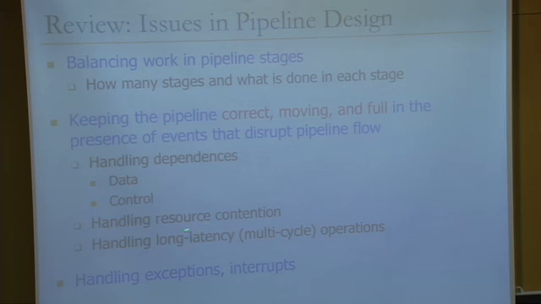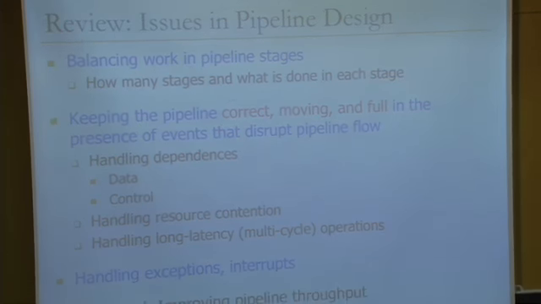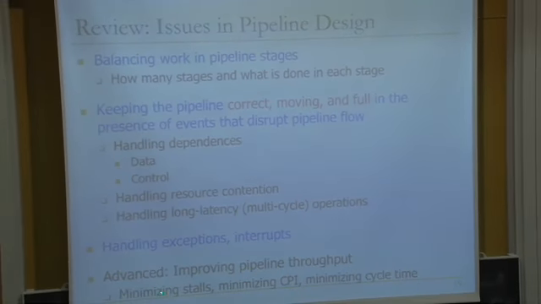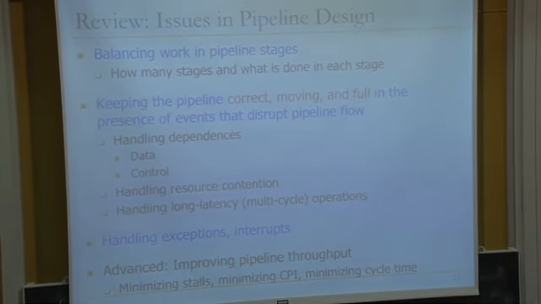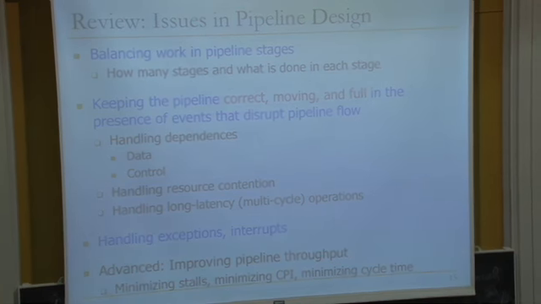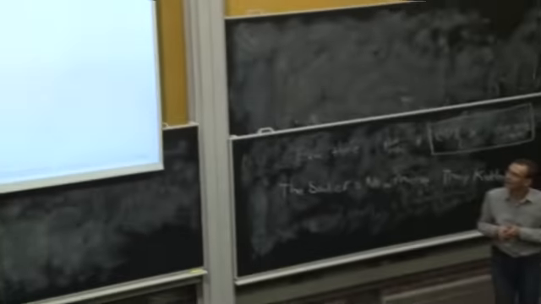We will talk about how to handle long latency operations to improve pipeline throughput, especially when we talk about out-of-order execution. And next lectures, we'll talk about exceptions and interrupts. And again, in the next few lectures, we will talk about how to minimize stalls, how to minimize cycles per instruction with concepts like out-of-order execution and superscalar execution. You already know some of this, and you will do some of it in your lab. Okay.